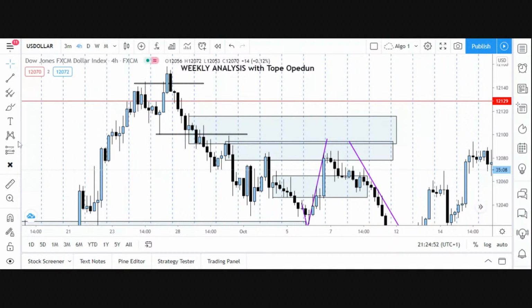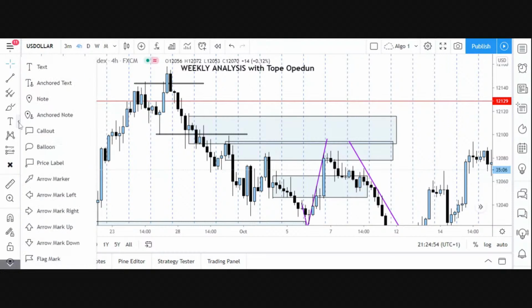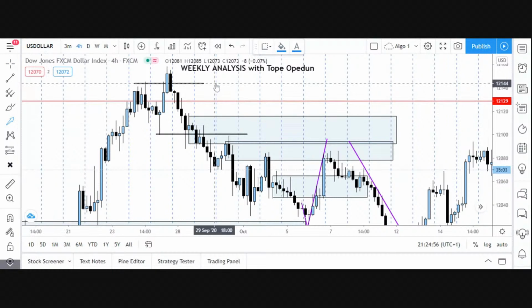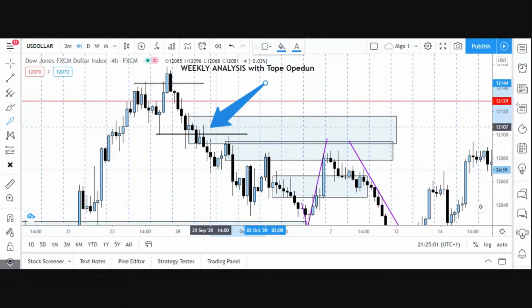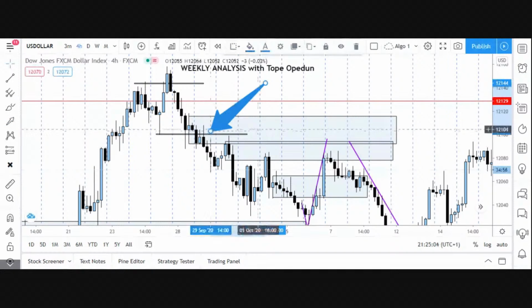Let me get my arrow. So we'll be looking for return back into this range, from there to there. I'll be looking for price to bounce on any of those zones for continuation down.